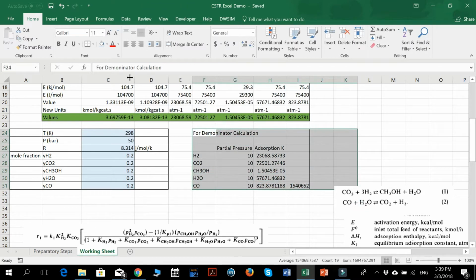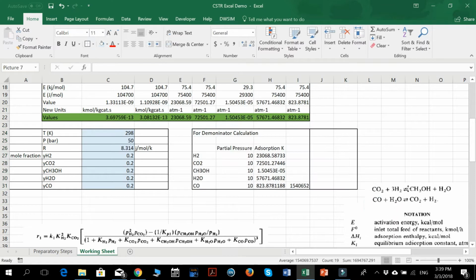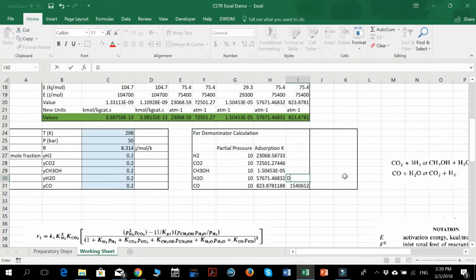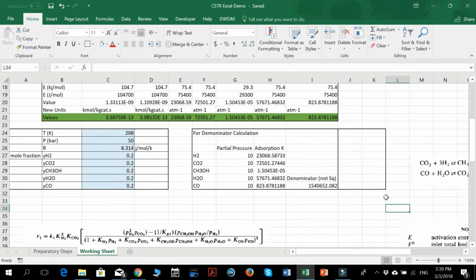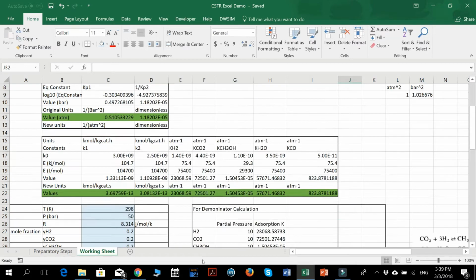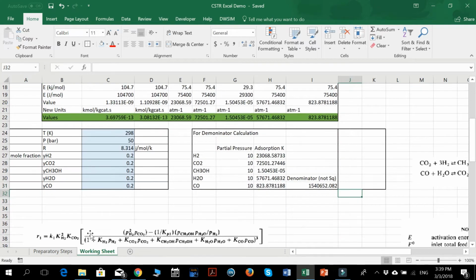So let's box it here again, just for neatness. This is the denominator, not squared. I'm just going to name it funny names, for our convenience. But of course, if other people are reading this spreadsheet without knowing how it's created, it'll be quite confusing. So we can do something about it later.